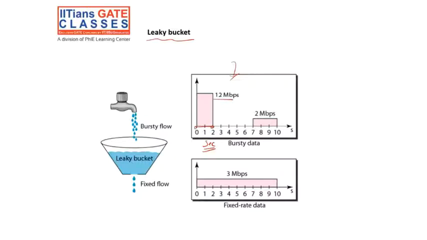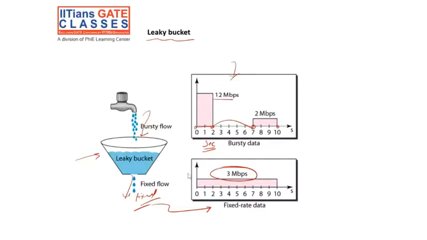Now from 2 to 7 there is no data. Then from 7 to 10, 2 Mbps data is coming. So a bursty flow is there, like a bucket. The flow is always fixed at this rate. So 3 Mbps is the output rate for the leaky bucket.